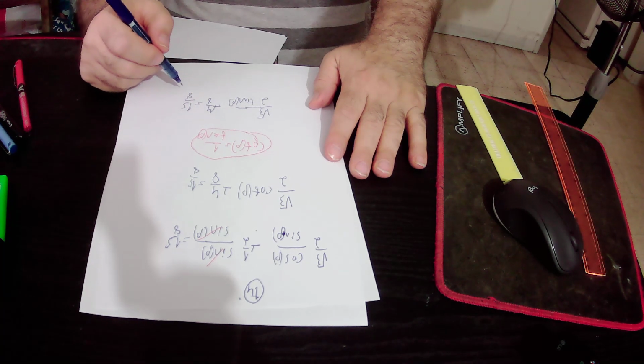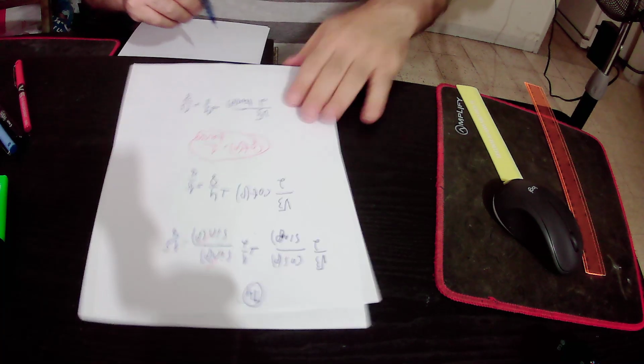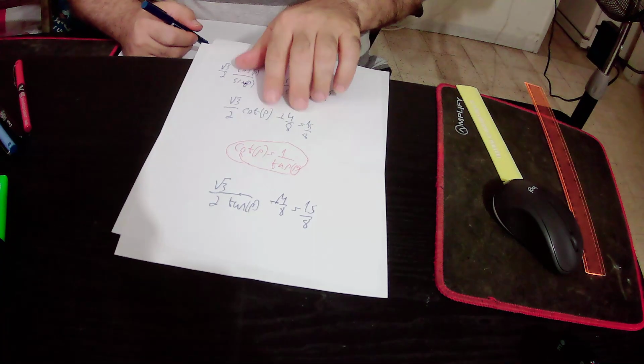Here we will subtract 4 over 8 from this equality.